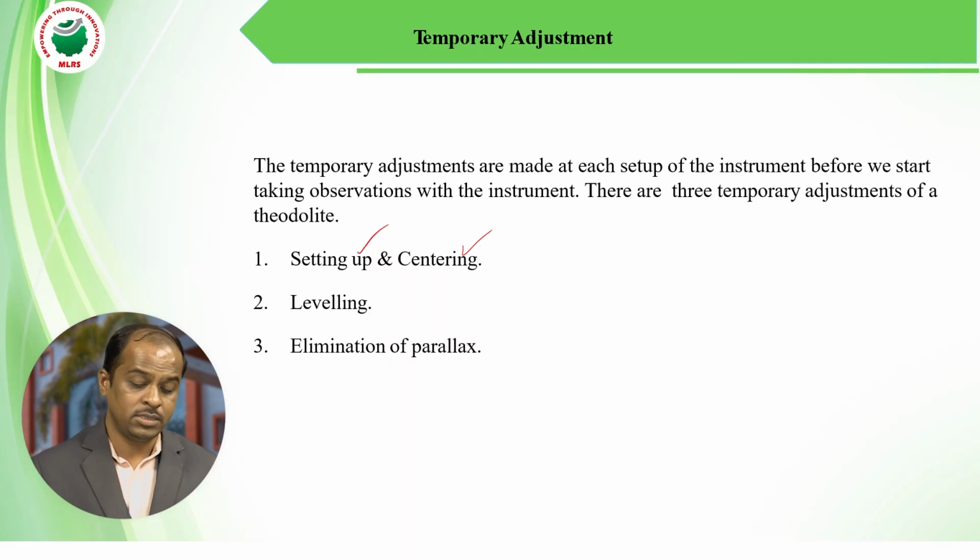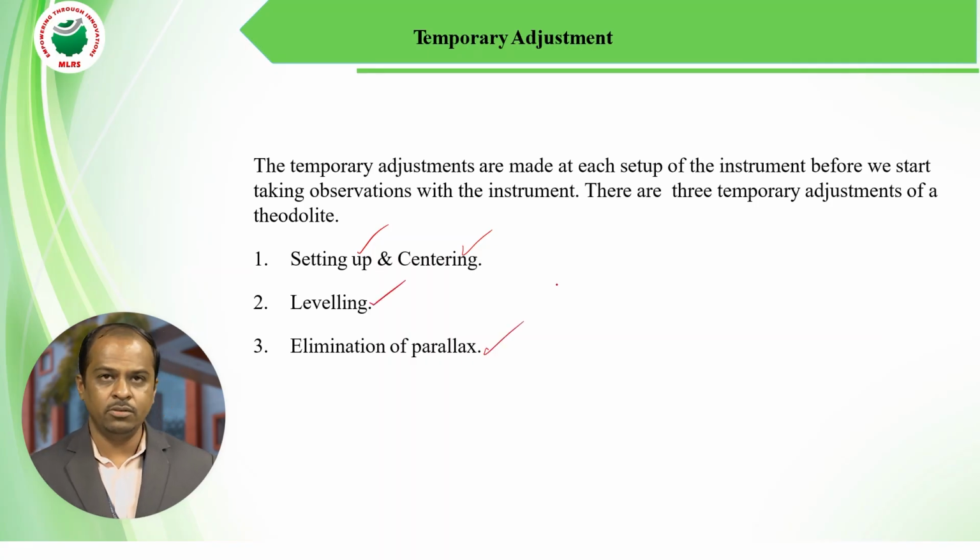That we call setting up and centering of the instrument. Next one is leveling, by making the telescope and vertical angle 0 degrees. After that, elimination of parallax. We need to set the eyepiece and focusing screw until we get a clear image of the object as well as the crosshairs.